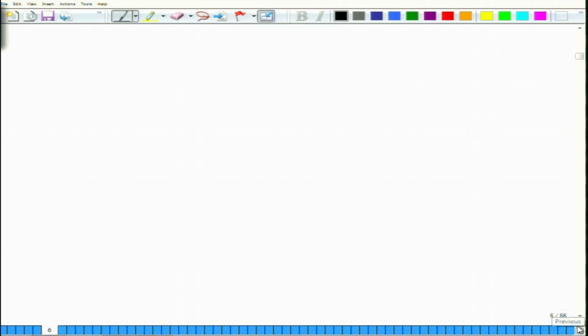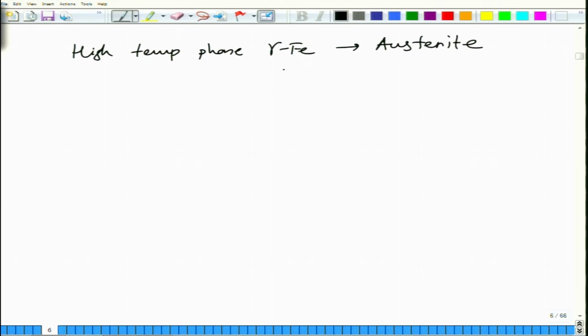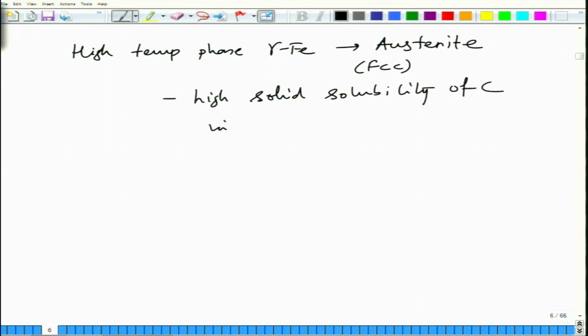There are three phases that we generally consider in transformations in steel. First is the high temperature phase, gamma Fe, which is called austenite, which has FCC structure and has high solid solubility of carbon in iron, about 2% at 1147 degree centigrade.